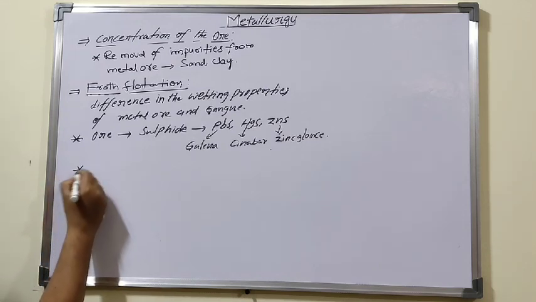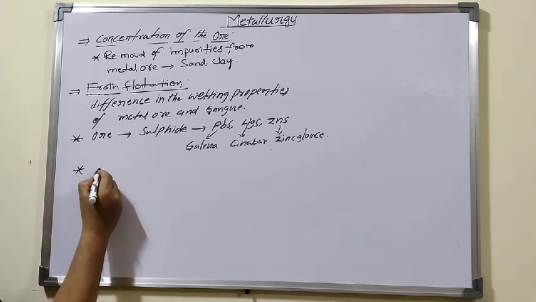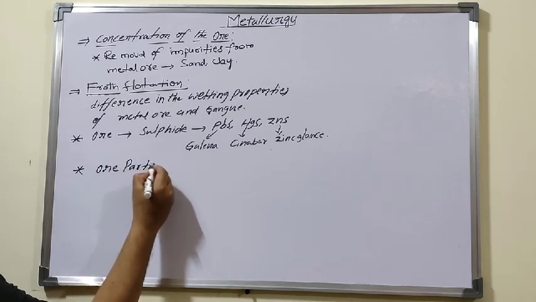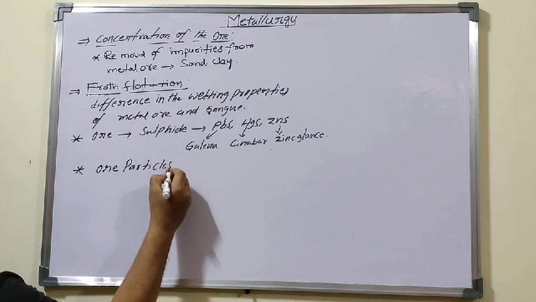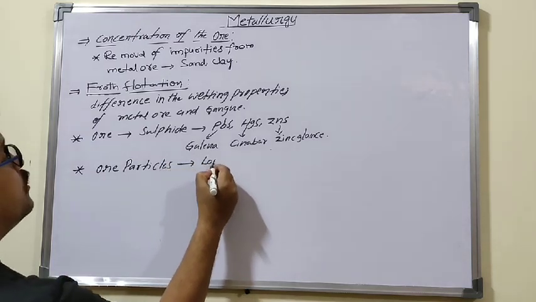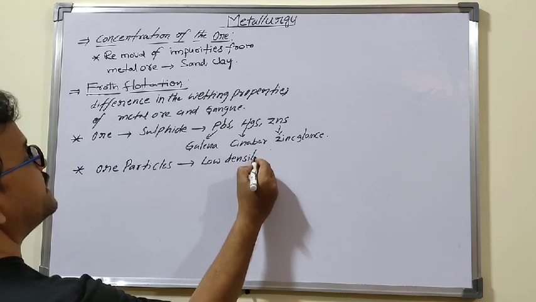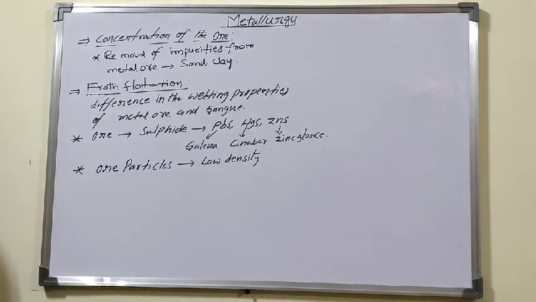One more thing to remember is that ore particles should be of low density. This is the reverse of gravity separation. In gravity separation, ore particles are denser than gangue particles. Here, ore particles should be of lower density than gangue particles.